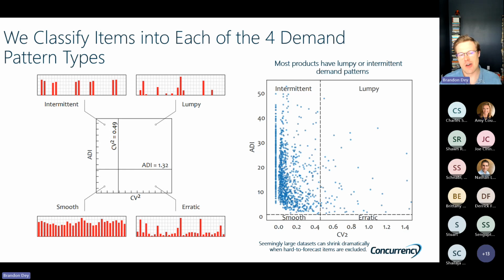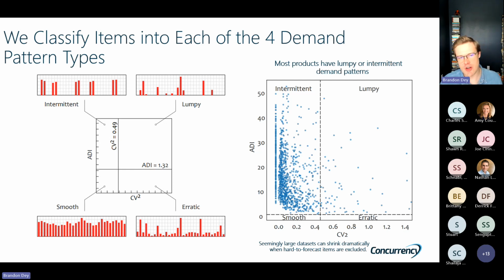This is really how you figure out doing something about it. It's kind of a technical slide, but the intuition of this is you're essentially taking each of those squiggly lines that represent the historical demand, and then you're classifying it into one of those four categories depending on its characteristics. So you can quantify those characteristics through something called a coefficient of variation. Not going to get into the details, but it's a fancy way of figuring out if it's one of those four.